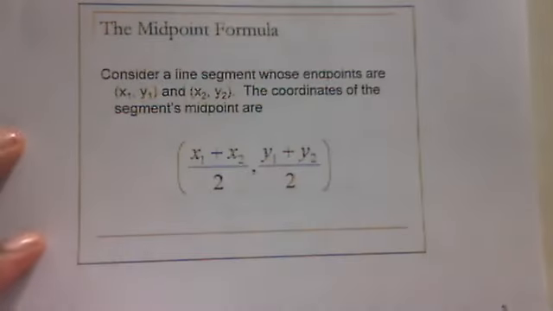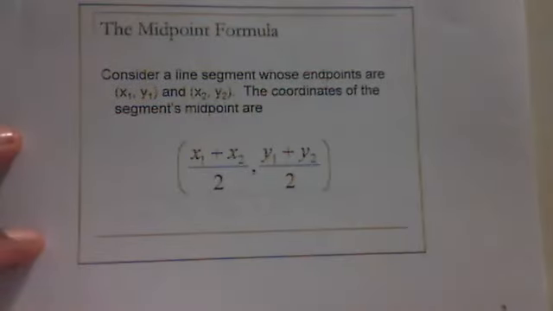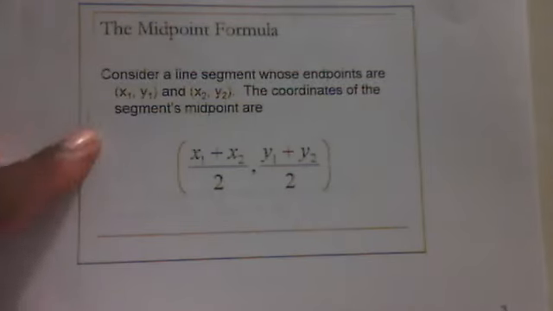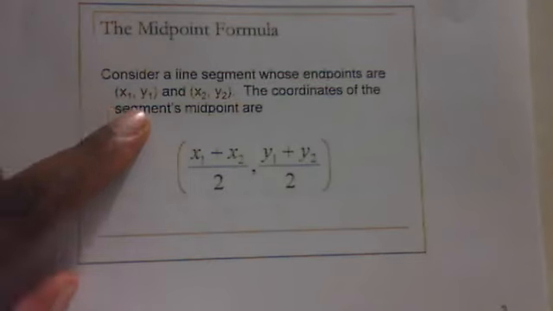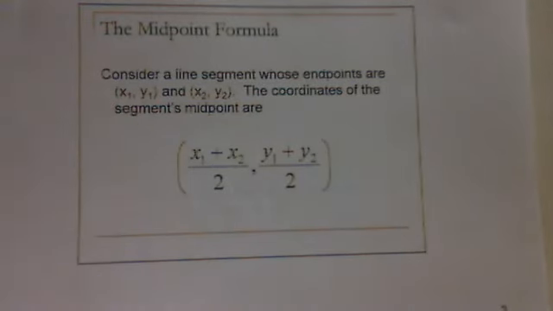The next thing we'll look at is the midpoint formula. This one's another easy formula to do because you're basically finding the ordered pairs of the midpoint. You'll be given 2 points, x1, y1, and x2, y2. So you're considering a line segment with those endpoints, x1, y1, and x2, y2.